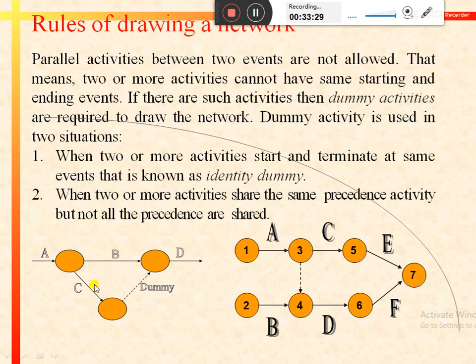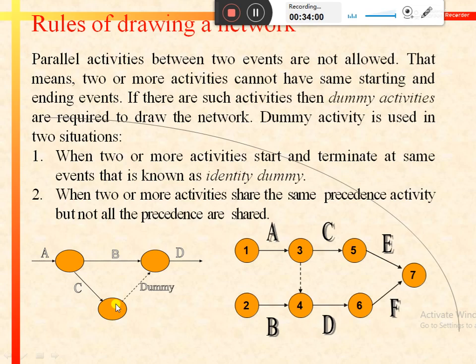As we cannot represent them both directly, we need to draw the dummy activity. First, simply draw any one of the activities between the two given events. That is, we have drawn activity B between the given events. The second activity would be drawn like this: start from the starting node, draw the second activity, and introduce a new event, number 3.